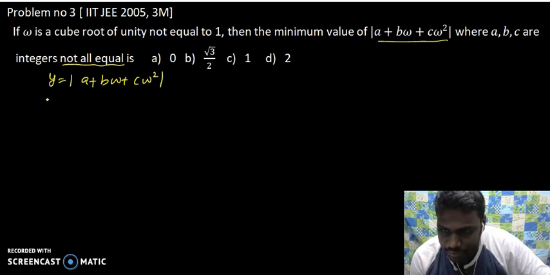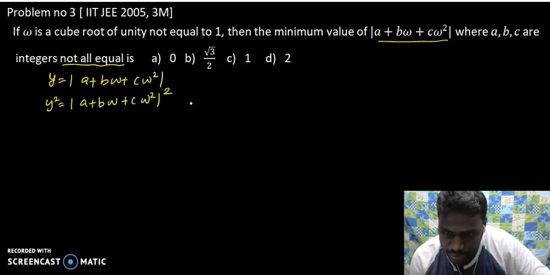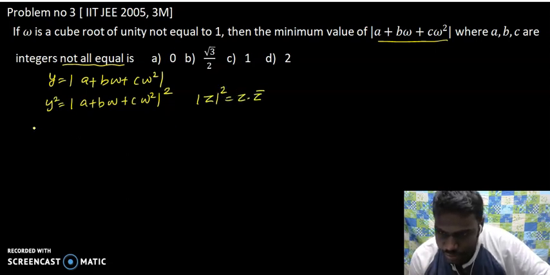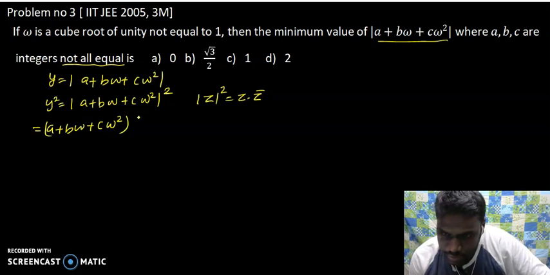Y is minimum when y squared is minimum. So y squared is equal to modulus of a plus b omega plus c omega squared, squared. We can use the relation mod z squared is equal to z into z conjugate. So this becomes a plus b omega plus c omega squared times the conjugate of a plus b omega plus c omega squared.